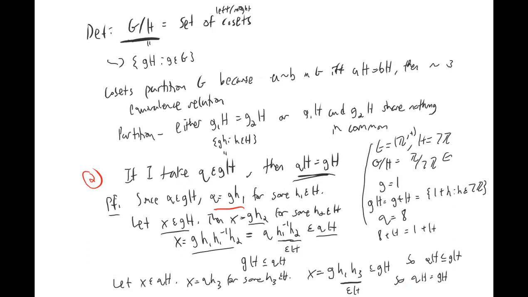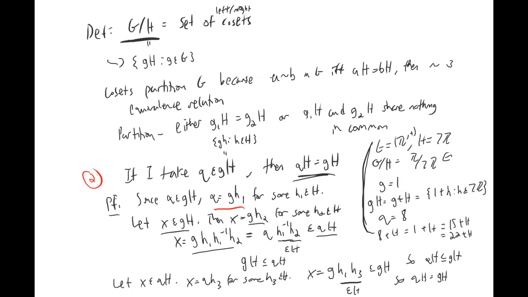Is everyone clear on this? Yes or no? You don't need to know the proof, but just think of this: it's basically saying 1 plus H should be no different from 8 plus H, no different from 15 plus H, no different from 22 plus H, and so on and so forth.